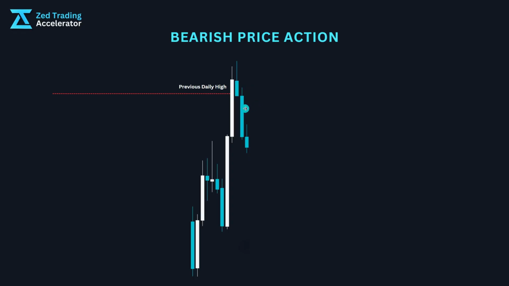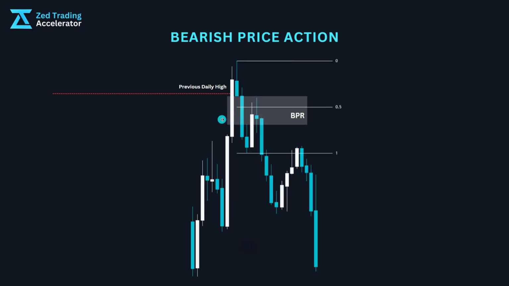We have here an imbalance, alright? We have an overlapping fair value gap. This is our balanced price range, alright? So as we can see, the price retraced back into the discount zone, at the same time providing resistance at that balanced price range. And now the price has gone lower.